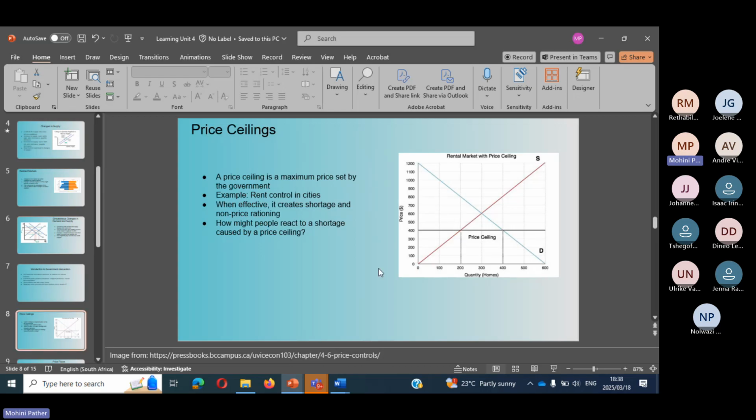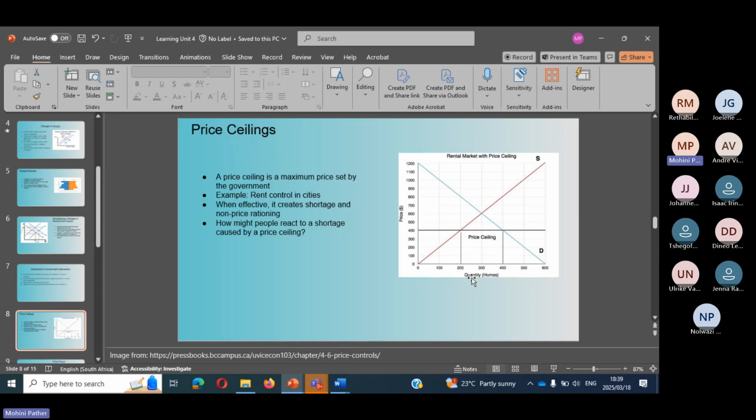So naturally, we would be willing to pay $600 for that particular apartment. Forgive me that the price is in dollars here, but it is difficult to find these graphs. Here we are willing to pay a price of $600, and we're willing to take 300 homes.